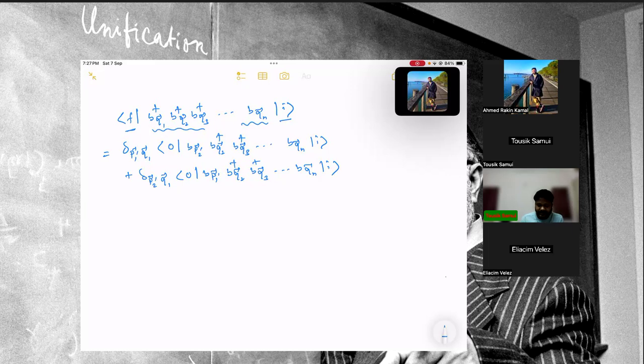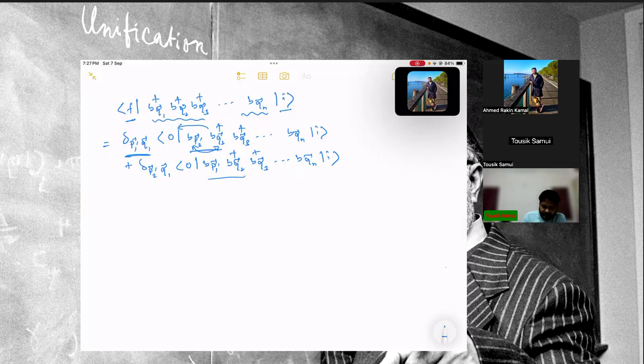After a few calculations, we reach a delta function, and we still don't have 0. Now if we swap these two, we get a delta function, and then the dagger will come in the front, and that will annihilate the 0 state, the vacuum state.